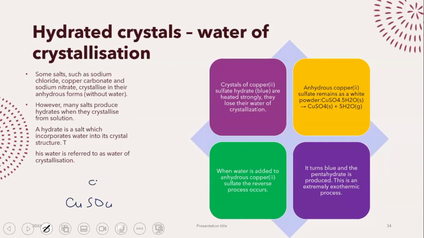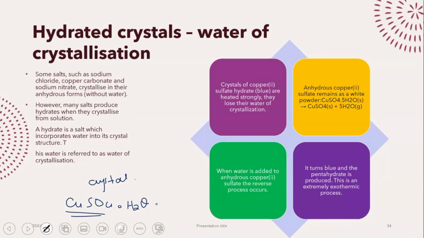This is a crystal. Now, a crystal of copper sulfate is not just going to be copper sulfate on its own. No. If it's in the form of a crystal, it will have some molecules of water present.